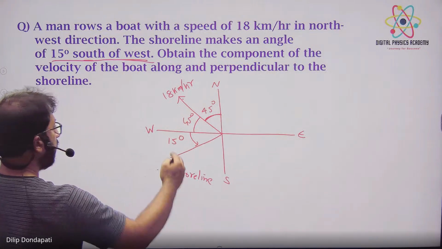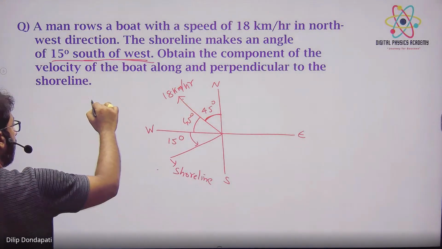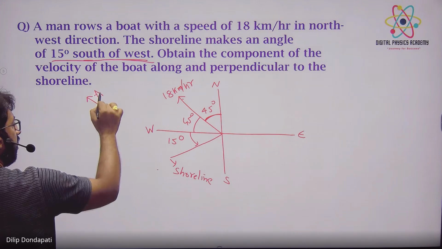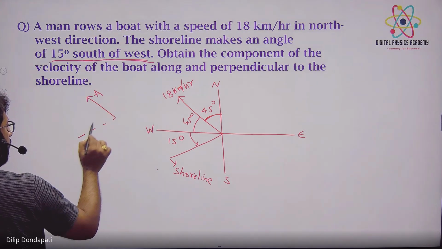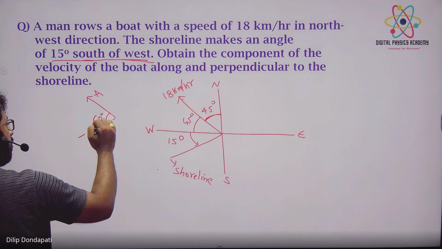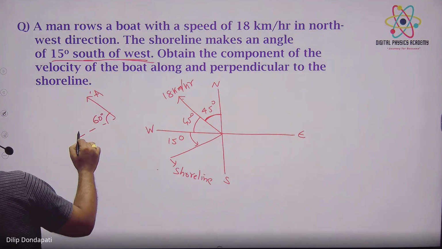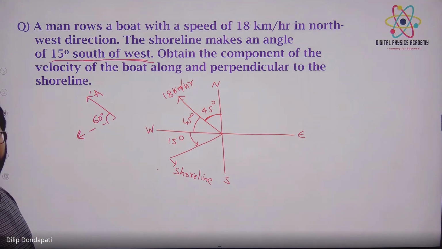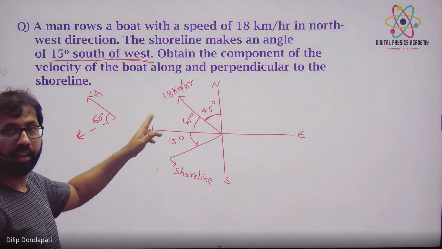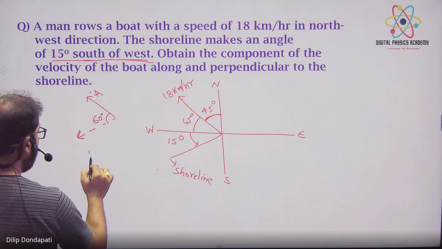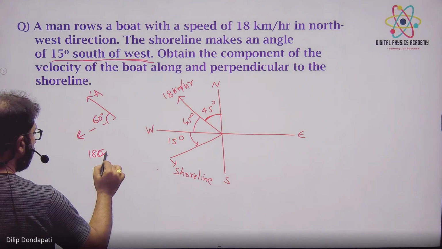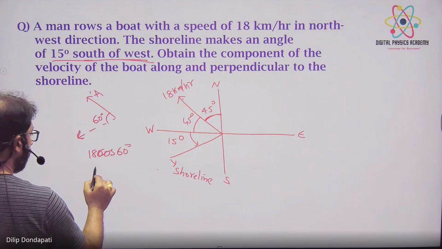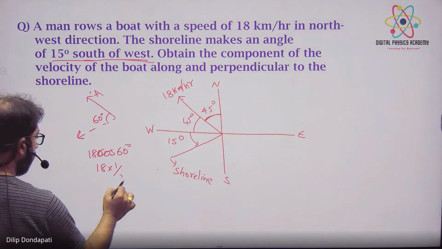So, indirectly there is a vector like this, and theta is 60 degrees this way. Tell me, what is the component of A along this line? Vishal, what is your angle? Yes. 18 cos 60. So how much will it be? 18 into 1 by 2, 9.